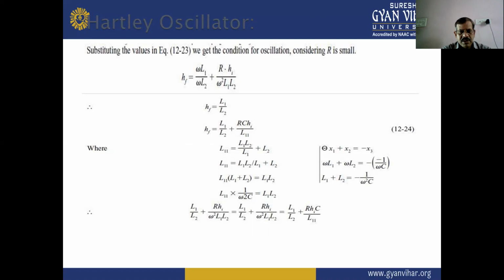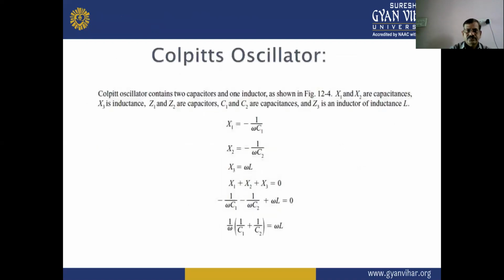So we have L1 upon L2 plus R hi upon omega square L1 L2 equal to L1 upon L2 plus R hi C upon L11.